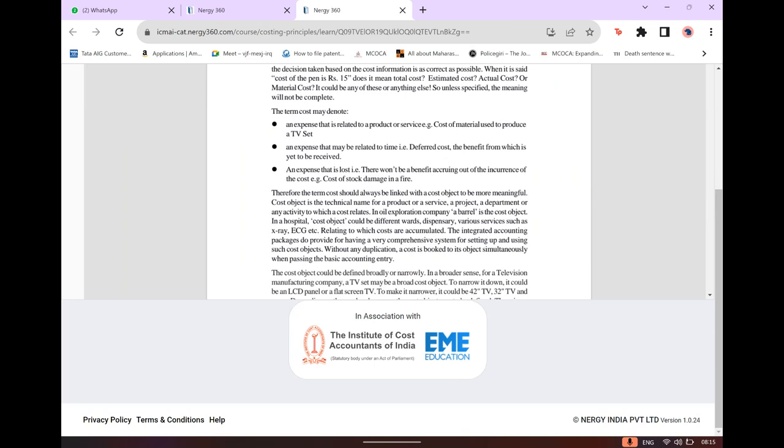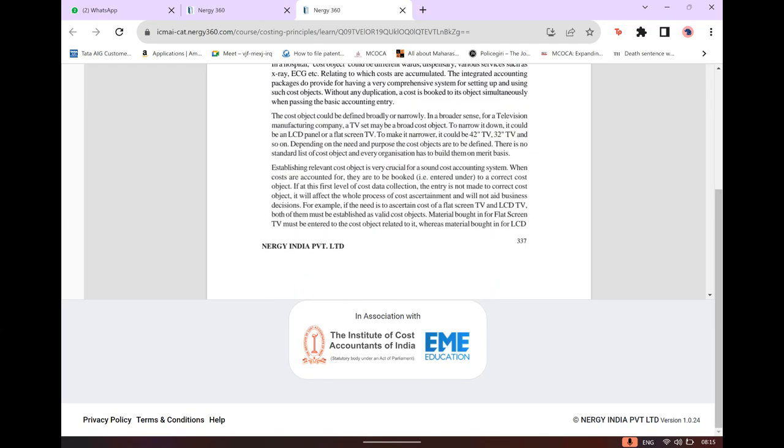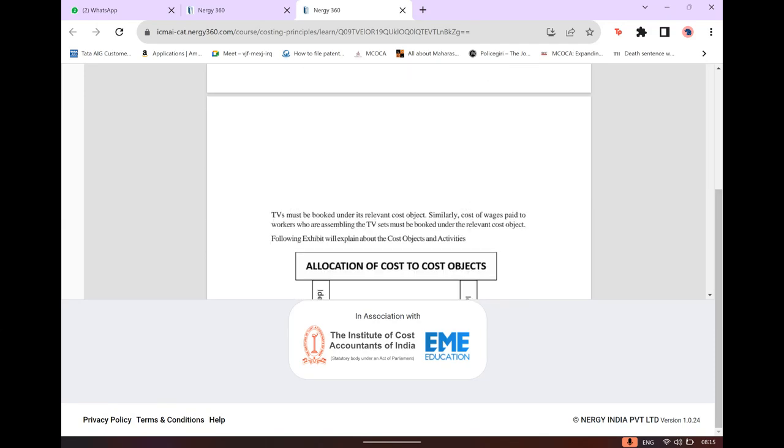So that is the cost object, or any expense related to time. Anything called an object should be linked to something. So for any cost, the association or linking of that product is the cost object. And each cost should have a particular object.